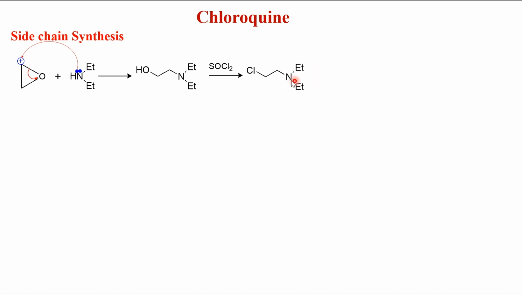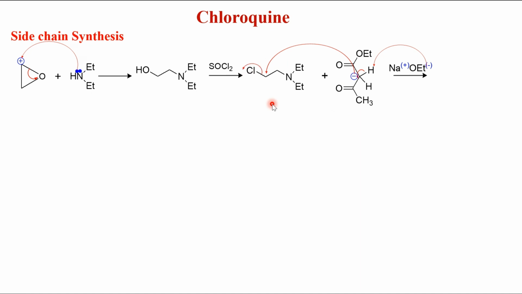The diethylaminoethyl chloride which is formed is treated with ethyl acetoacetate in the presence of sodium ethoxide. The ethoxide ion abstracts the proton and the excess electrons are left on carbon, giving rise to a carbanion. The carbanion attacks the electron deficient carbon to which the halogen is attached.